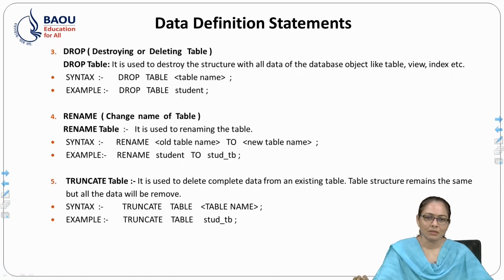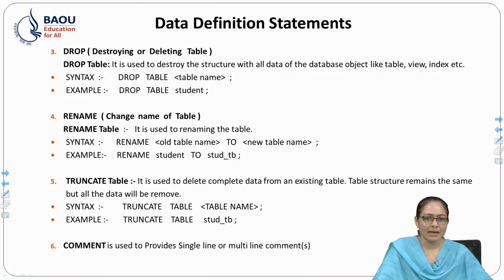It is used to delete all the records from the stud_tb table and the structure remains the same. The structure will not be deleted, only all the records are deleted. Now the last one is comment. It is used to provide single line comments or multi-line comments.